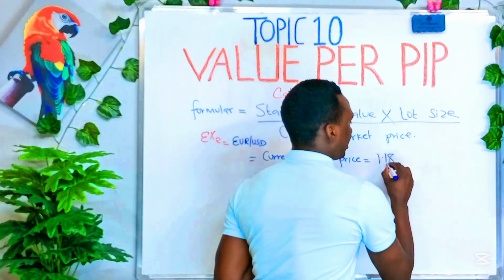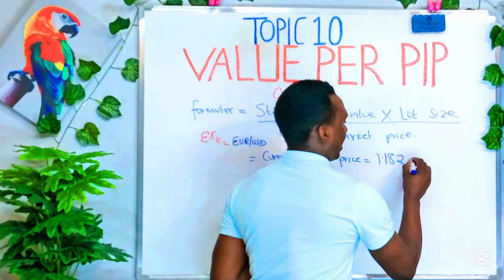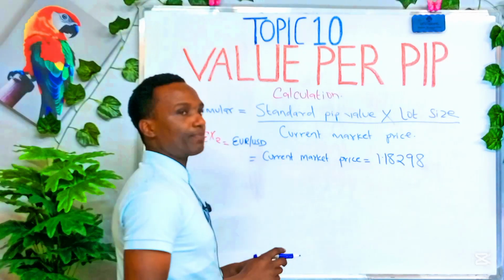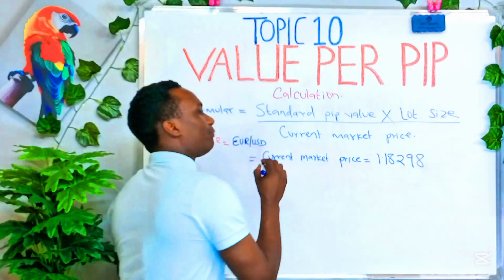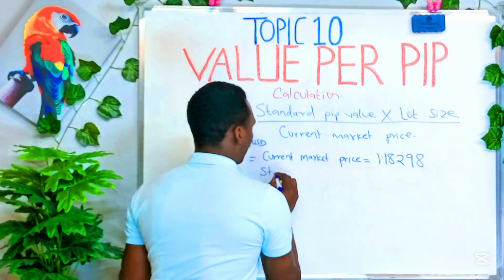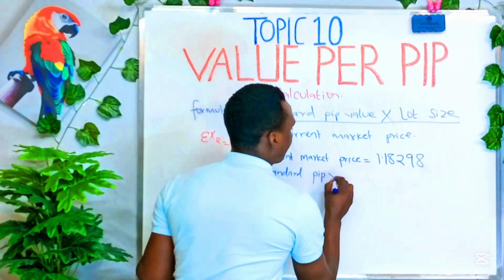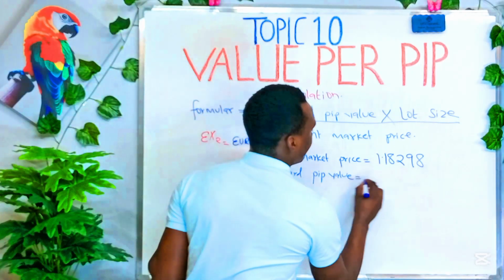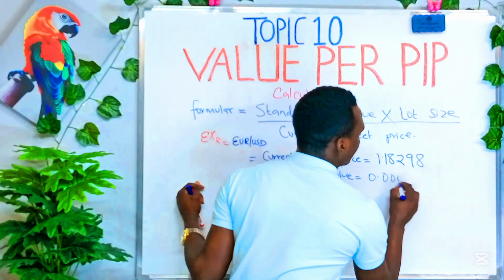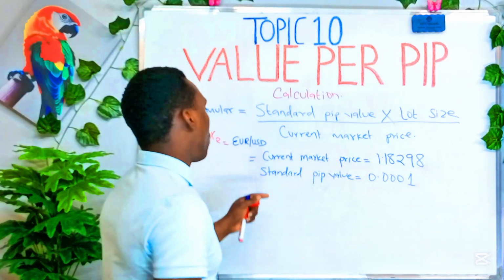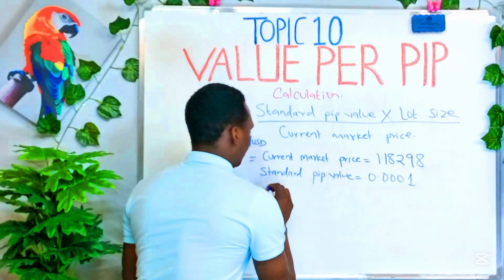1.18298. Okay, this is the current market price. What is the standard pip value? The standard pip value of Euro USD is 0.0001. Is that so? Yes. What about the standard lot value?